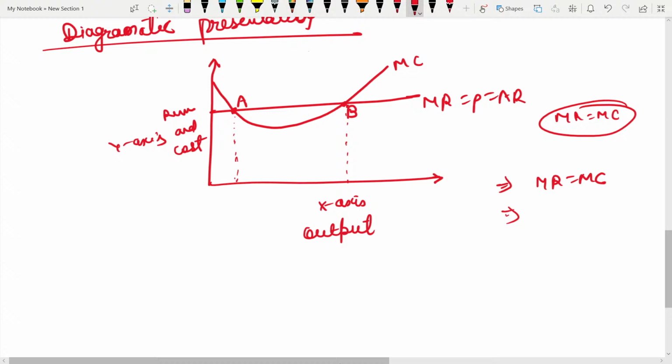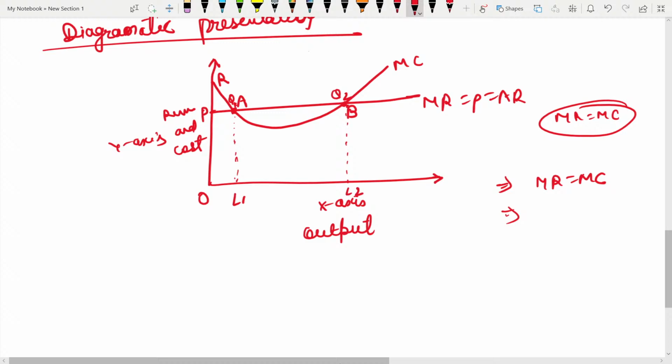Let me tell you, let's suppose O L1, and this is A, and this is P, and this is, let's suppose, R. And here is also point Q2, and this is Q1 at the point of equilibrium, and point B, let's suppose there is Q2. AR is equal to MR is equal to P. Now see, this is L2.